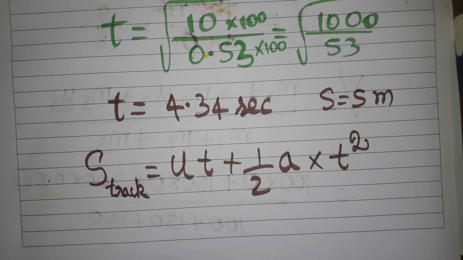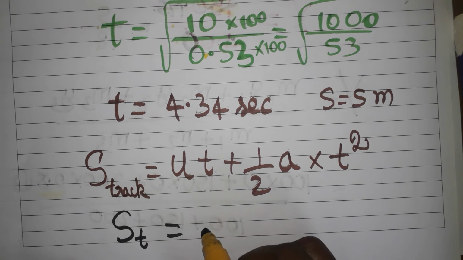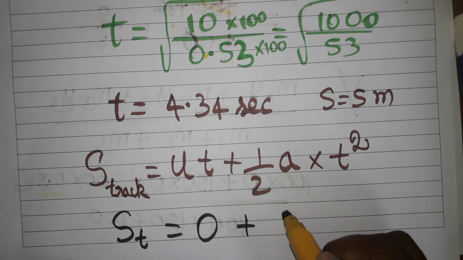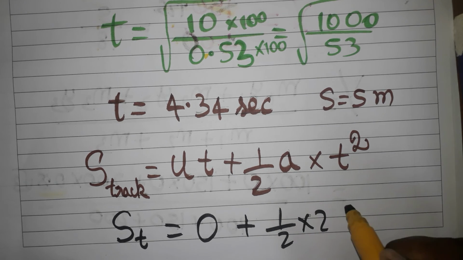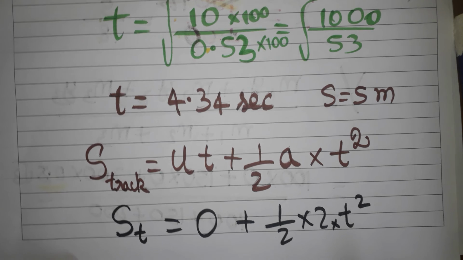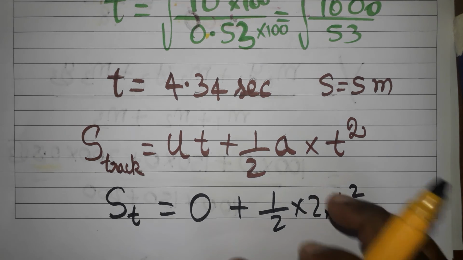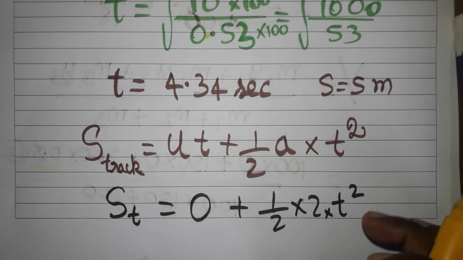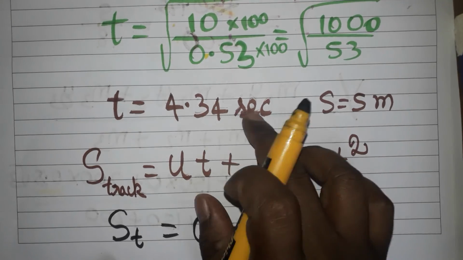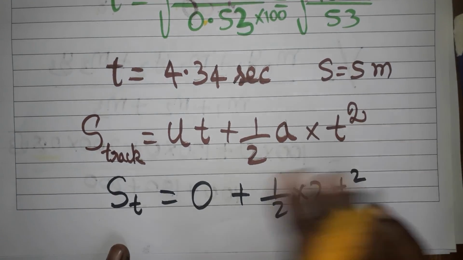Initial velocity is 0. So displacement of the truck is equal to initial velocity of the truck 0 plus half of a, which is 2, times t square. Block displacement and truck displacement, the time period will be the same. Displacement may differ, but the time period is not going to differ, because the truck is traveling approximately 4 seconds, and in the same time the block also moves from one place to another.